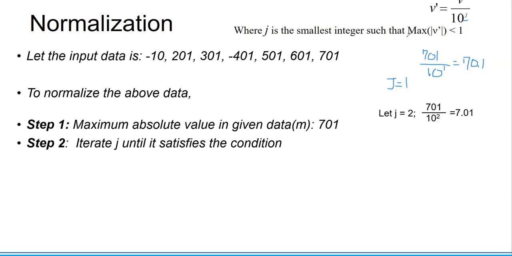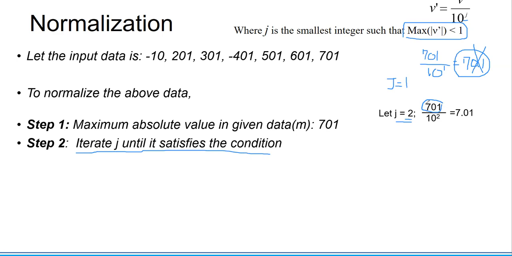Because the condition should be less than 1. Is it less than 1? No. Okay, then we go to the next j. We iterate j until it satisfies the condition. So now j becomes 2, and again we try to find the v prime.